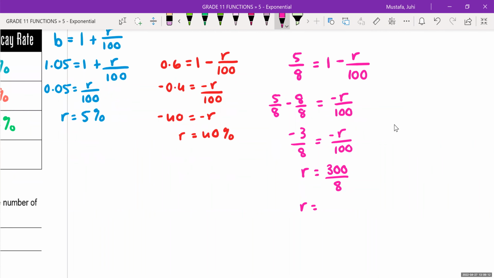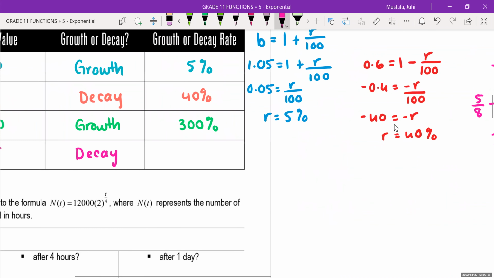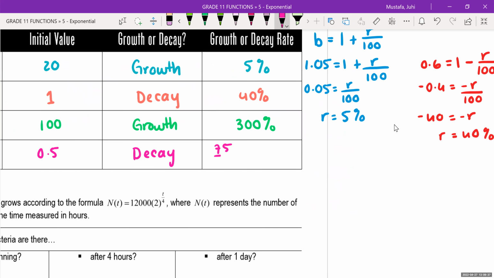And then when you reduce this, it'll be 150 over 4, which is 75 over 2. Now you can keep it as a fraction, or what's half of 75? 37.5%, right? So our rate would be, what do we say, 75 over 2, or 37.5%.